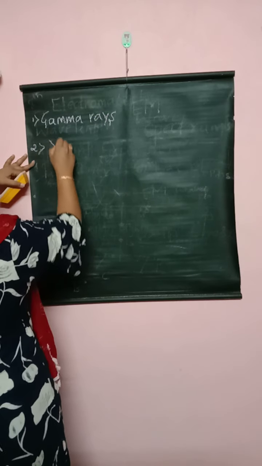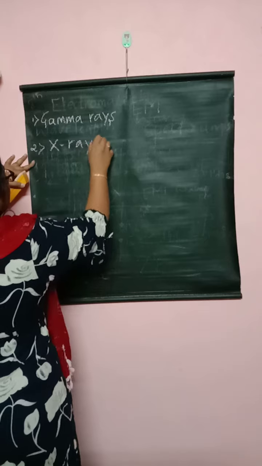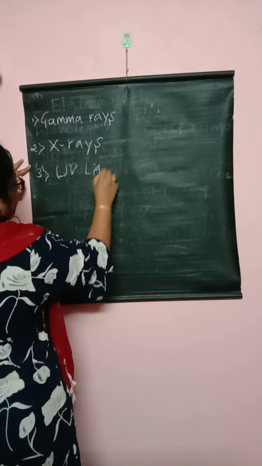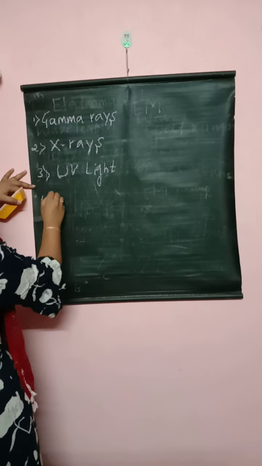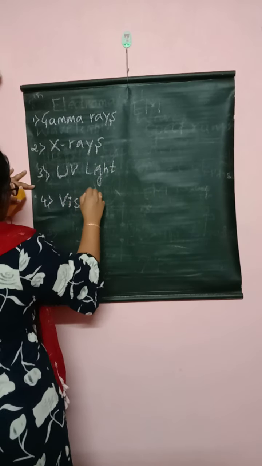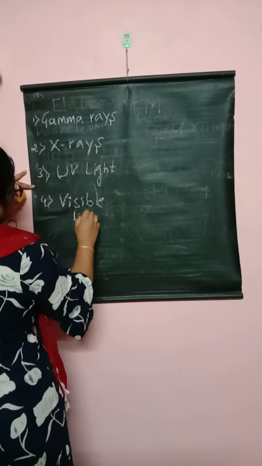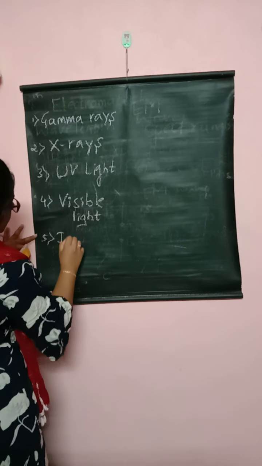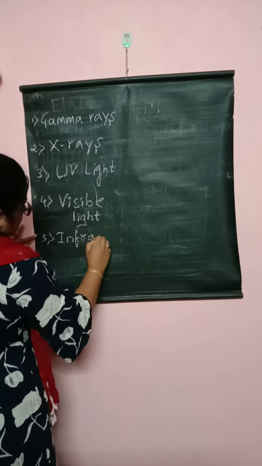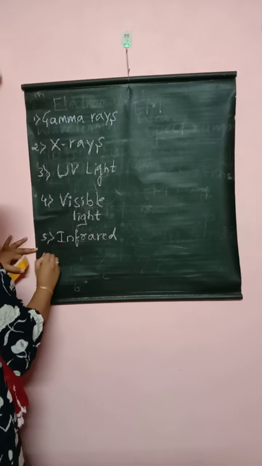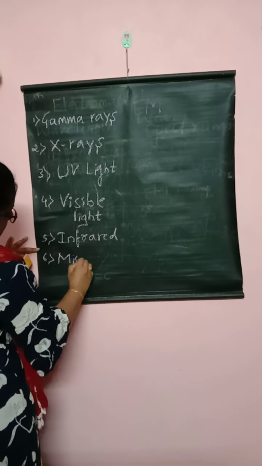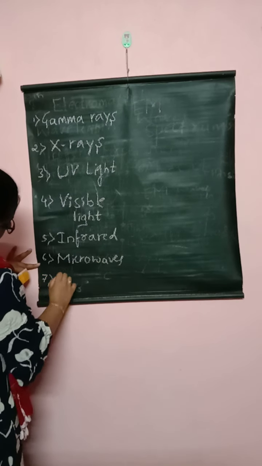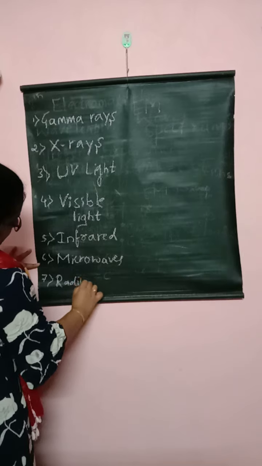we have X-rays, then we have UV light, ultraviolet light, then we have visible light, and then infrared rays, and then microwaves, and radio waves.